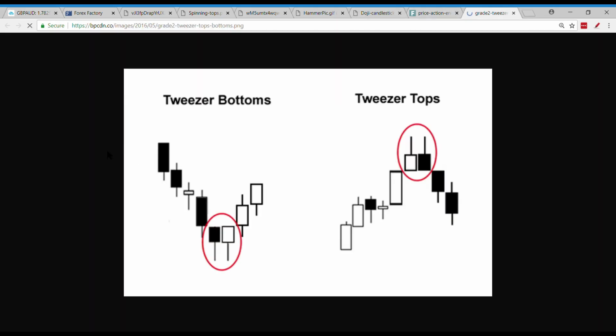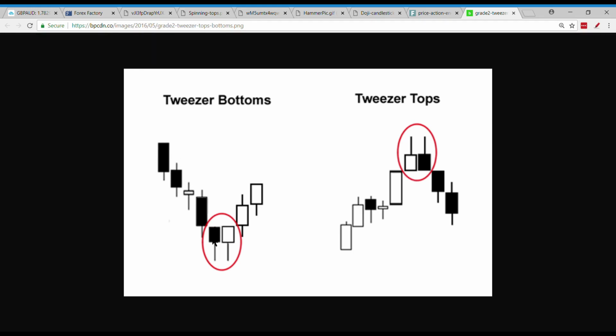And then there's the tweezers. Basically the tweezers is the same. It's basically a double confirmation. Let's look at this one, for example, tweezer tops. So the price went up, rejected, then it opened, went up, rejected again, and closed at the same price that it opened before.